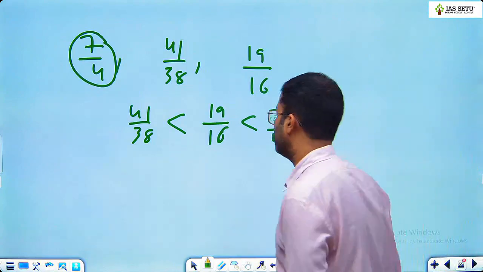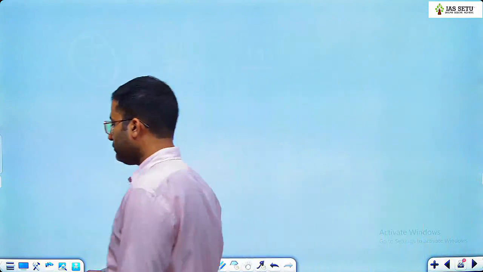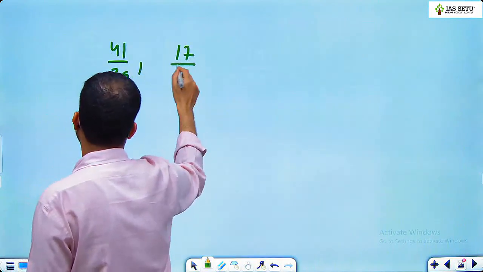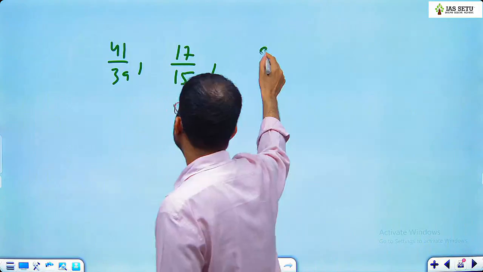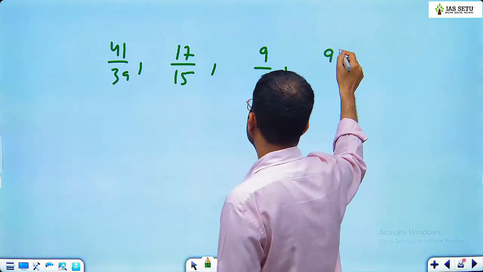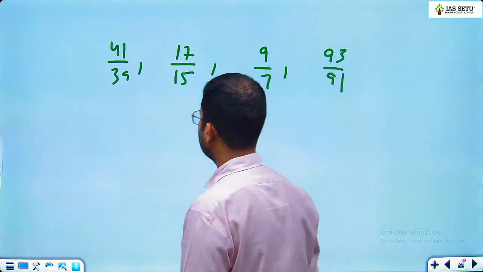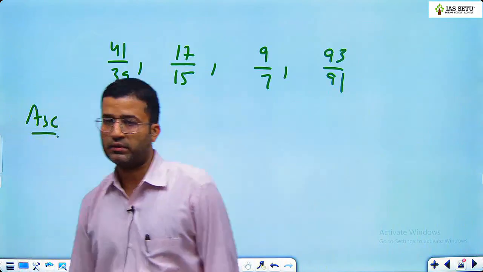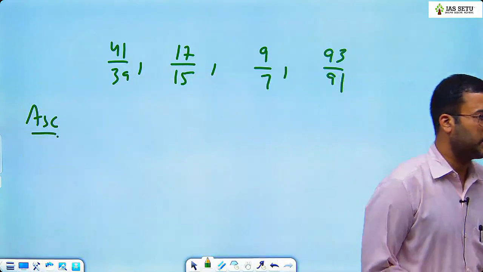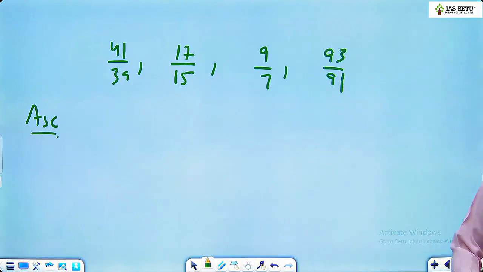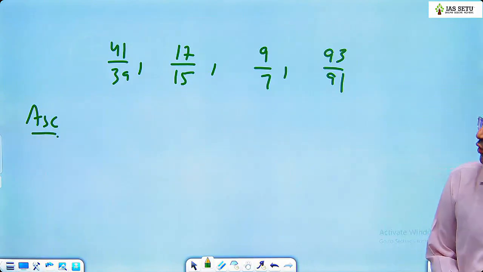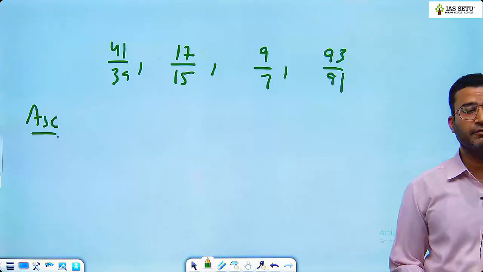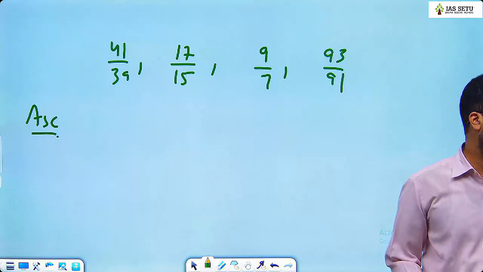I ask you two questions. 41/39, 17/15, 9/7, 93/91. We have to arrange these 4 fractions in ascending order. Which one is the smallest? 93/91. Then 41/39. Then 17/15. And which one is the largest? 9/7.